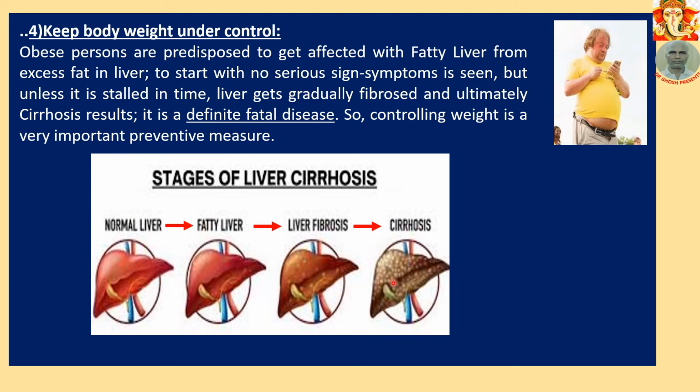The steps are like this: normal liver, fatty liver, liver fibrosis, liver cirrhosis. Fatty liver and fibrosis, many times this is silent. There are no prominent symptoms. But you know that you are taking something dangerous, like alcohol, but you feel that you are okay because there are no symptoms.